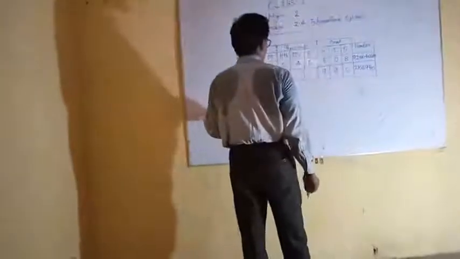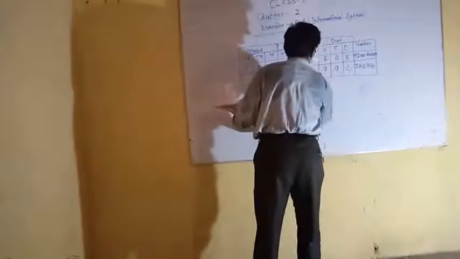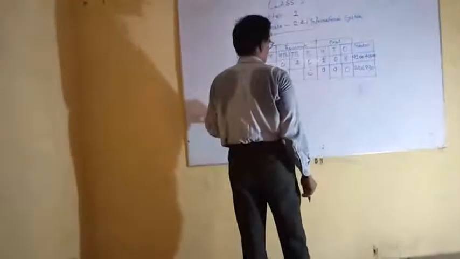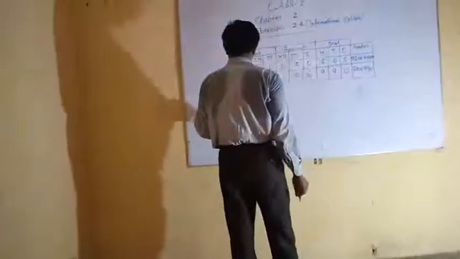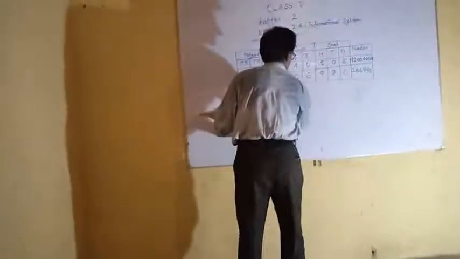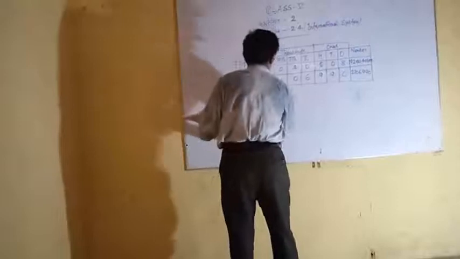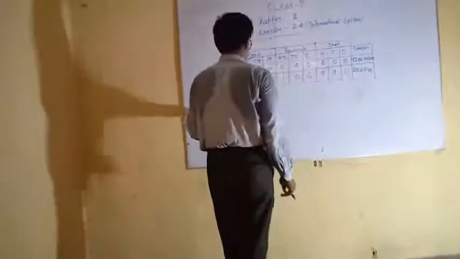First, 0 place is written as 0, 10 place is for 9, 100 place is for 9, 1000 place is for 6, 10,000 place is for 0, 100,000 place is for 1, and million is for 2.